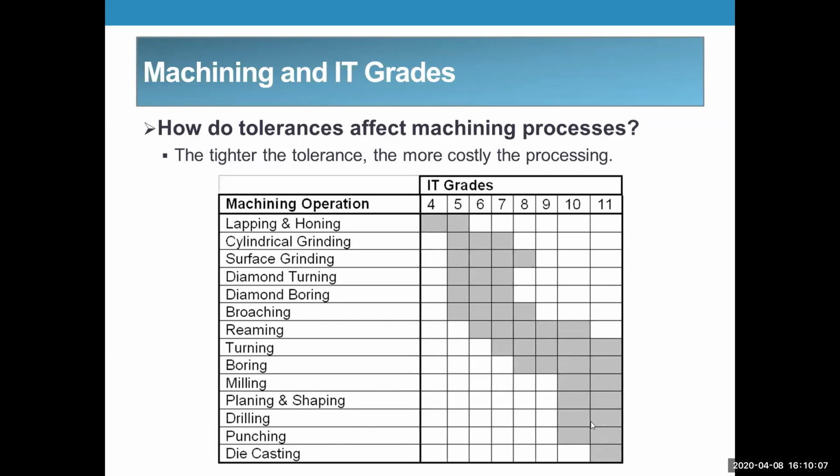So if you're trying to put a clearance hole in a part for a bolt to go through, you don't want to specify a tolerance on the diameter that's got an IT grade of 4 or 5 or 6 or 7 or 8 even, where they have to do some major operations to achieve it. You want to use an IT grade number that's going to allow them to use some basic machining processes.